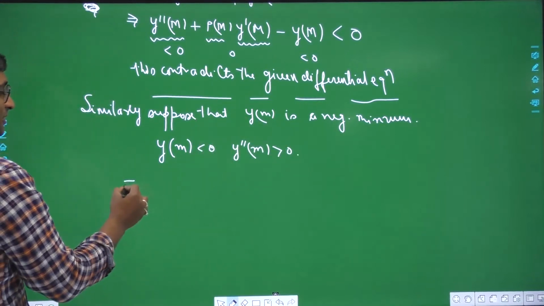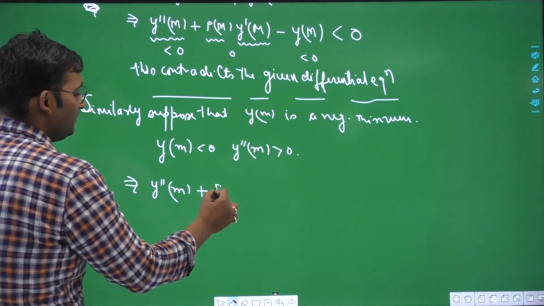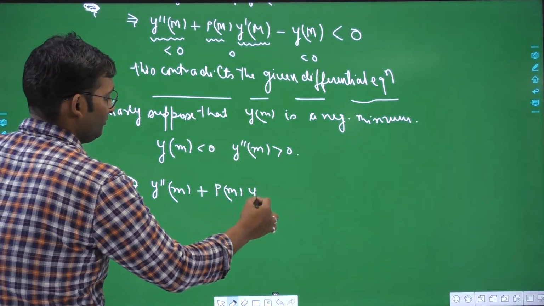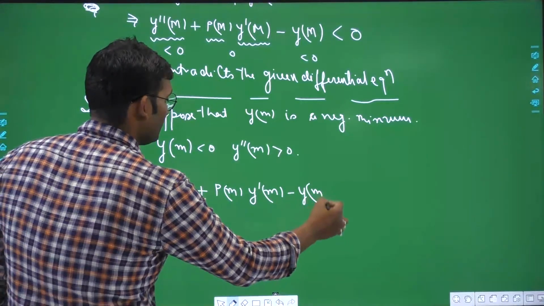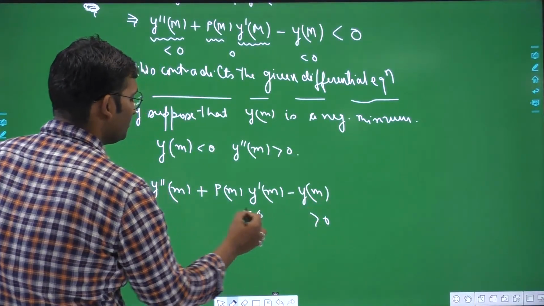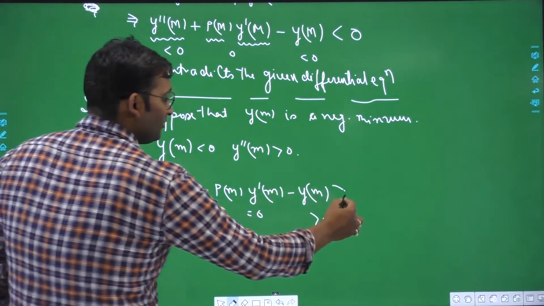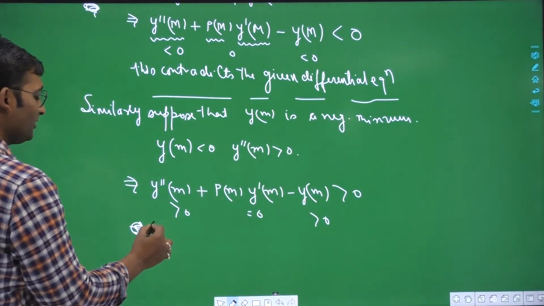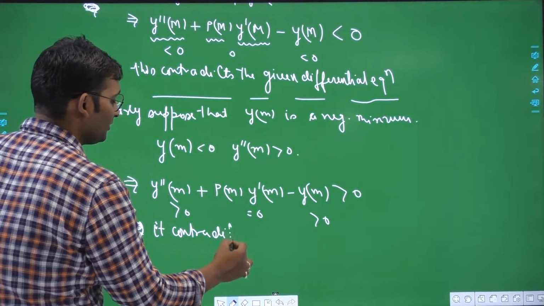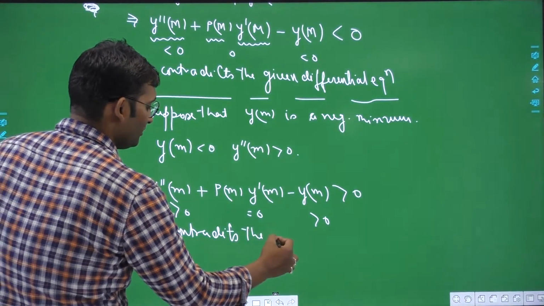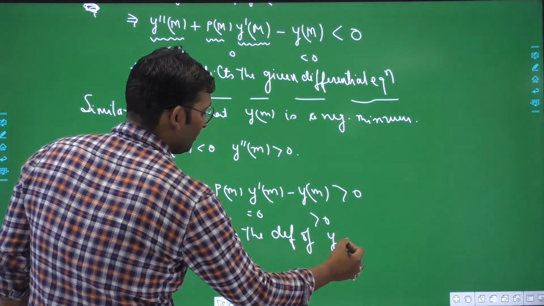Then y double dash m plus p(m) into y dash m minus y(m) will be greater than 0, because the middle term is 0. It implies this entire thing will be greater than 0. Therefore, it contradicts the definition of the given differential equation.